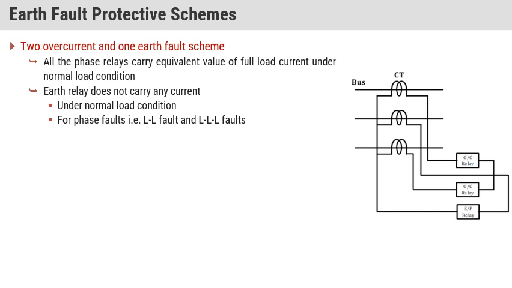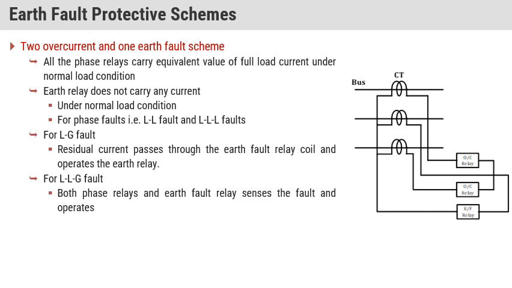But for an LG fault, residual current passes through the earth fault coil and operates the earth relay. For a double LG fault, both the phase relays and the earth fault relay sense the fault and operate. This is the example for the two overcurrent and one earth fault scheme.